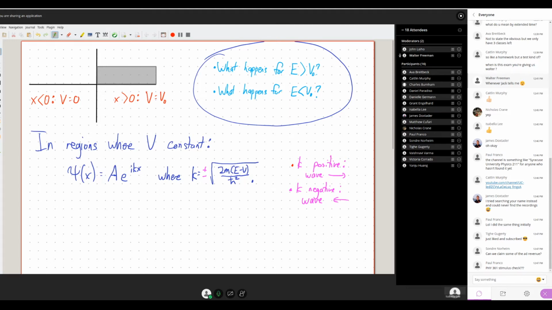Now, we talked before about how when the energy is less than the potential, instead of wiggling things, you get exponential decays. This formula right here will give you the whole thing, because you get a negative under the square root sign, and that's fine.